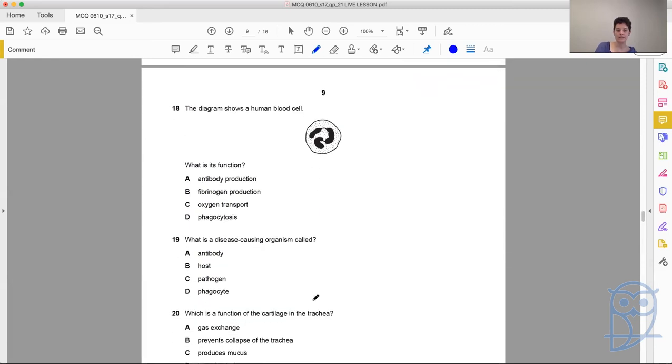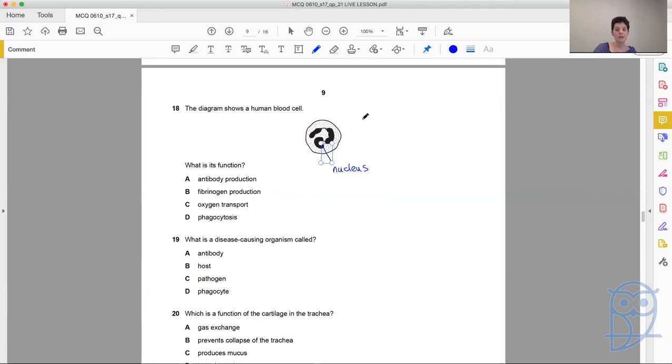Question 18. The diagram shows a human blood cell. What is its function? Antibody production, fibrinogen production, oxygen transport, or phagocytosis? So, this blobby thing here is a very funky nucleus.